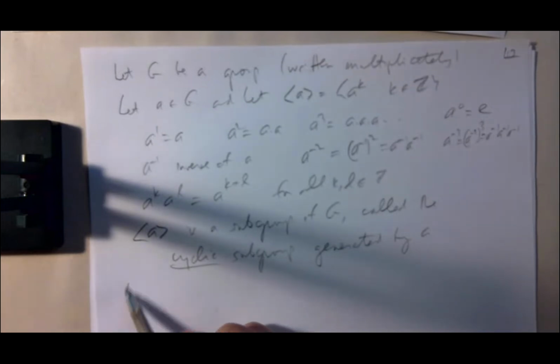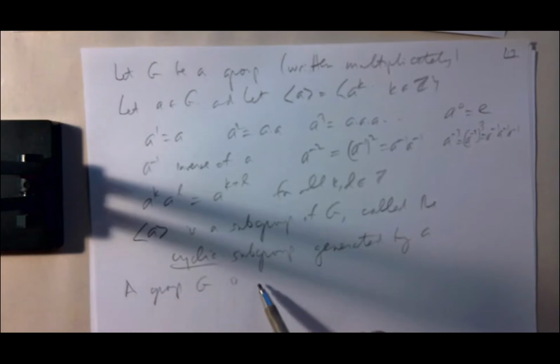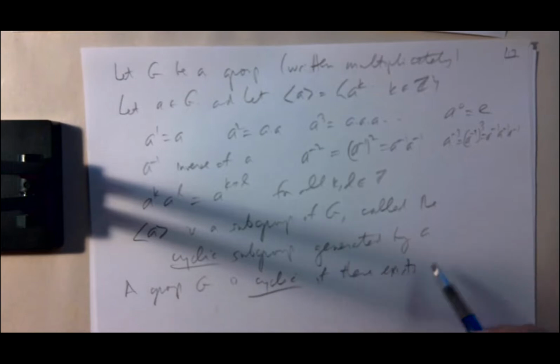And we say that a group G is a cyclic group if there exists an element A in G such that the subgroup generated by A is all of G.